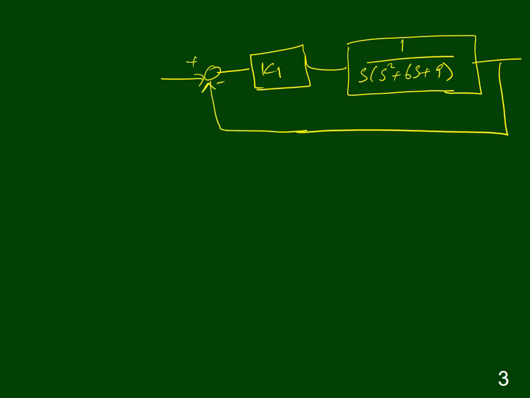The closed loop transfer function T(s) can be easily written like this: K1 upon s cube plus 6 s square plus 9s plus K1.